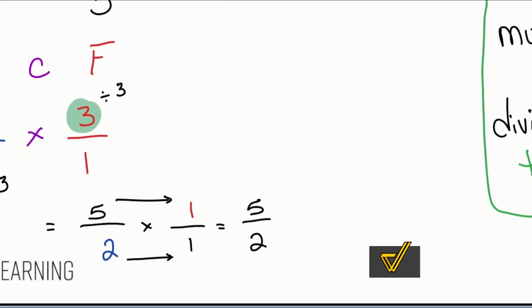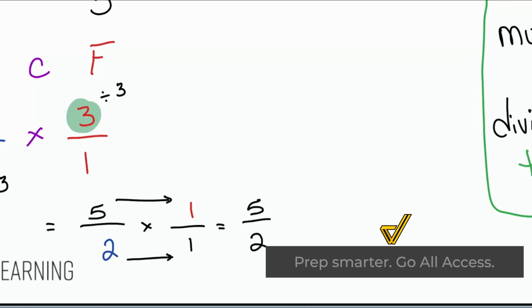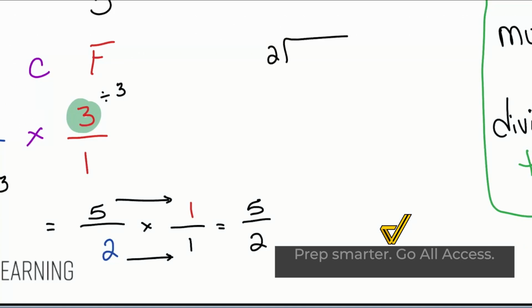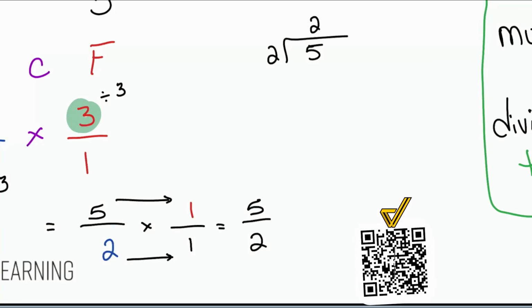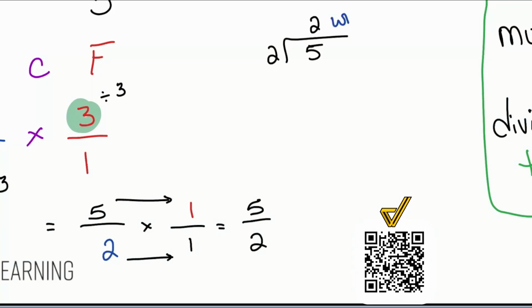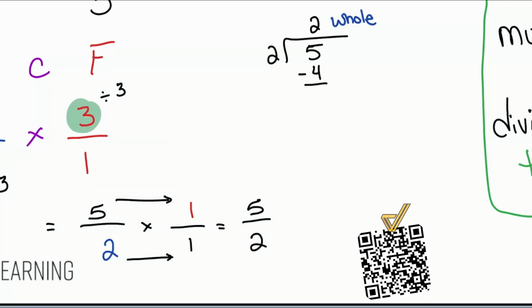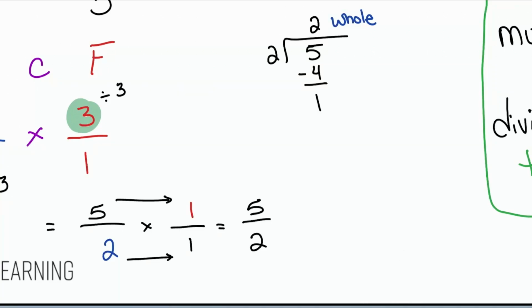So let's go ahead and take care of business. We're going to have here 2 going into 5. So 2 goes into 5 twice because 2 times 2 is 4. It's a 2 as a whole number that comes out. That's the whole number. And 2 times 2 is 4, so we'll subtract, and we have 1 left. Everybody, what is that number 1 referred to as? Yeah, that's the remainder.